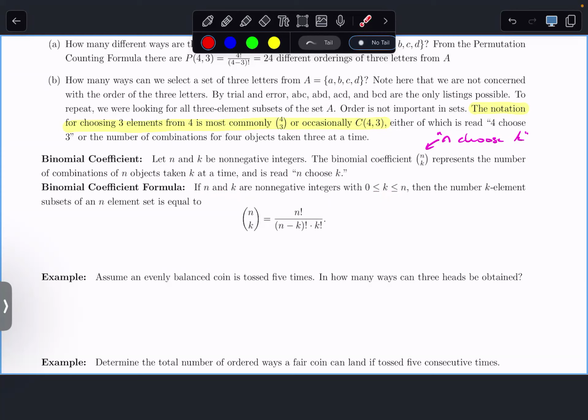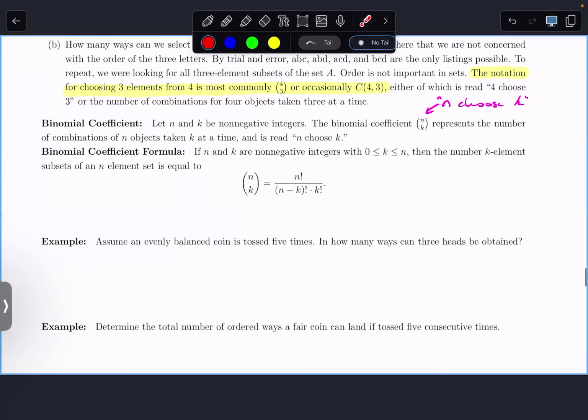Then the number of k-element subsets of the n-element set, so the number of ways I can choose k things, is going to be n choose k, which is n factorial divided by (n minus k) factorial. That looks familiar, right? But then we're going to multiply it by k factorial.